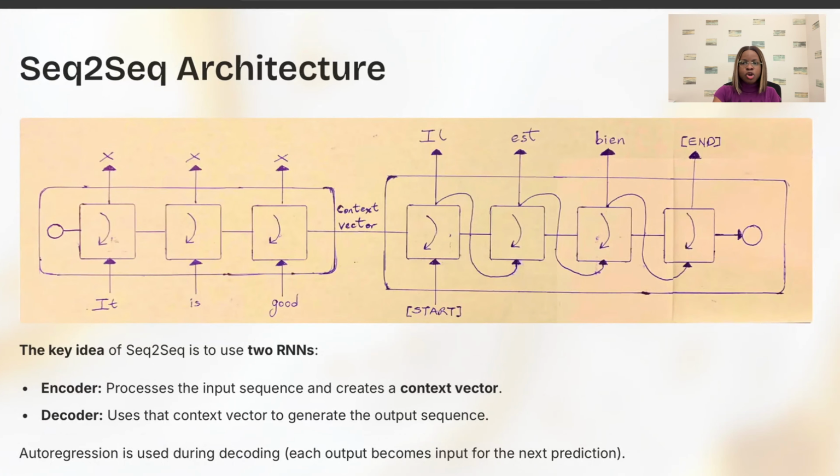So for example, going back to this slide, the decoder uses the context vector as an input, then uses the auto-regression technique to predict word for word the translation of what it got from the encoder, which is "it is good."